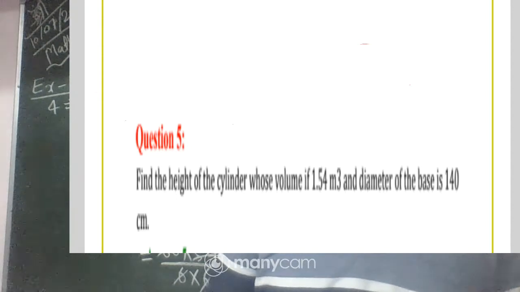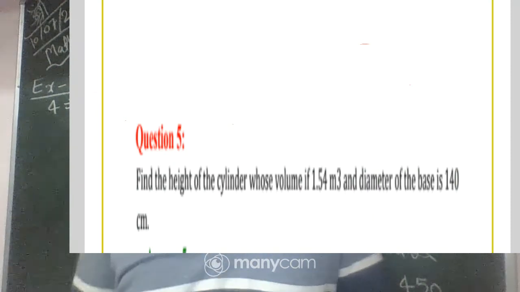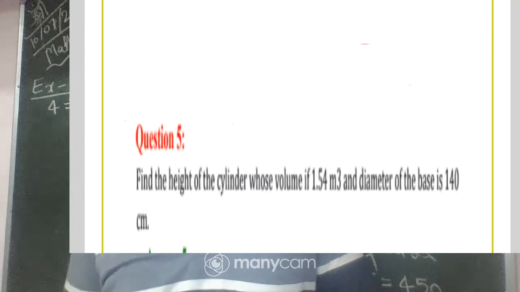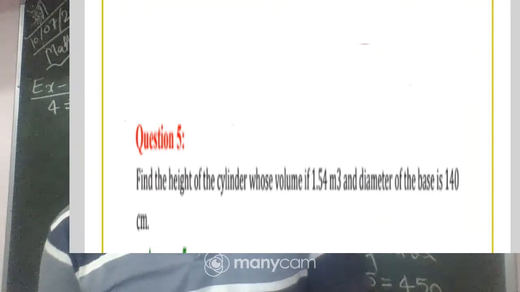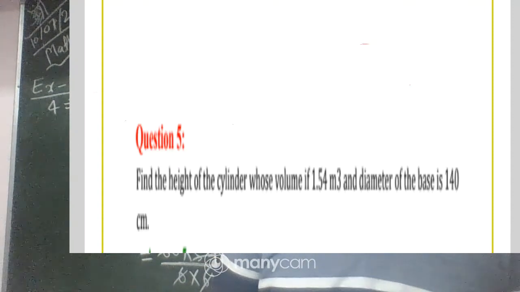Pi r square h, and the base diameter is given 140 centimeters. So we find the radius. What is the radius of this cylinder? 140 by 2 is equal to radius, means 70 centimeter is the radius of the cylinder. Here we need to find height of cylinder.